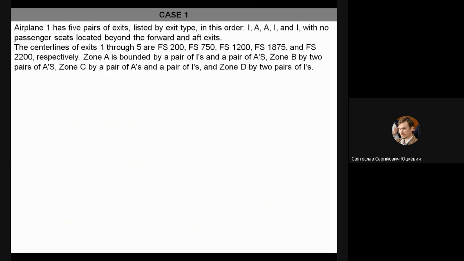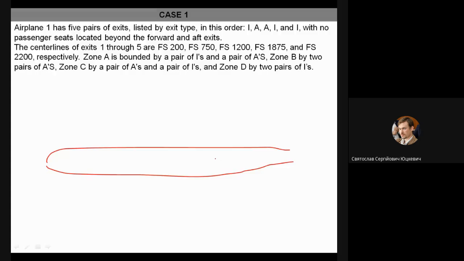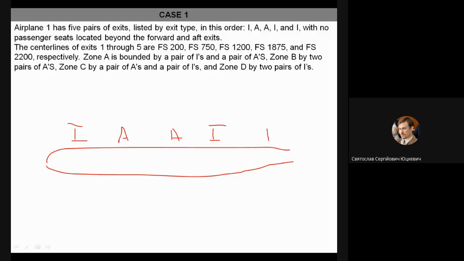Let's discuss all these approaches in an example of calculation. We have a plane that has type 1, then type A emergency exit, type A emergency exit, type 1, and type 1.